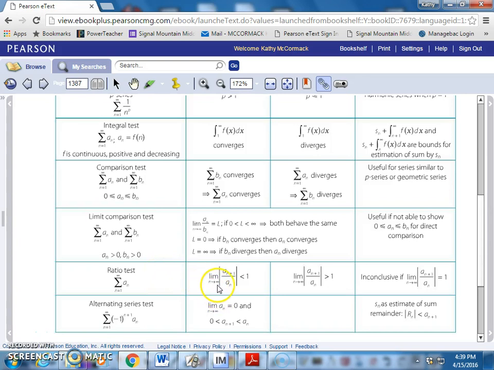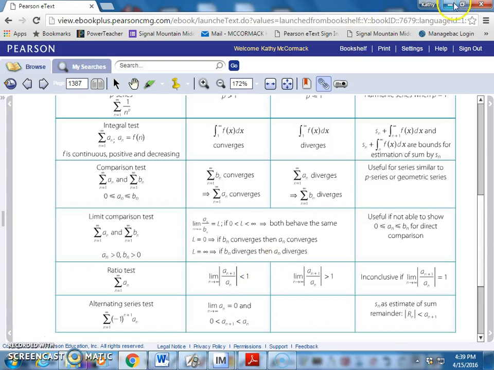You take the limit as n approaches infinity of the absolute value of a sub n plus 1 over a sub n, and find out where that's less than 1, because this is where it converges. If it's greater than 1, it diverges. If it equals 1, that is the devil, because it means it is inconclusive, and we have to go find another series test to use. That's the worst case scenario. But if they're asking you to find radius of convergence, this is the area that we're going to look for.